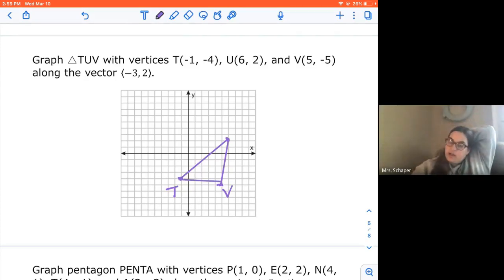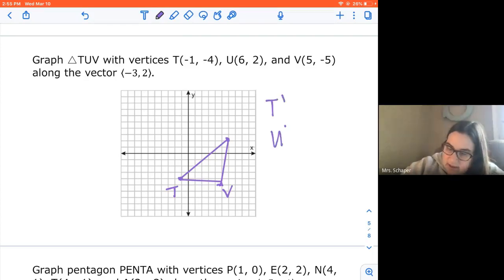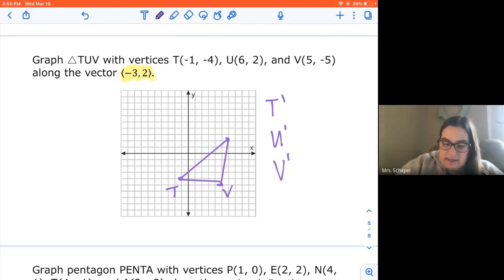Now we're going to move it along the vector (-3, 2). So I'm just going to write over here T prime, U prime, and V prime, and I'm moving it along the vector (-3, 2). That means I'm going to add -3 to the x value, that gives me -4. I'm going to add 2 to the y value, that's -2.